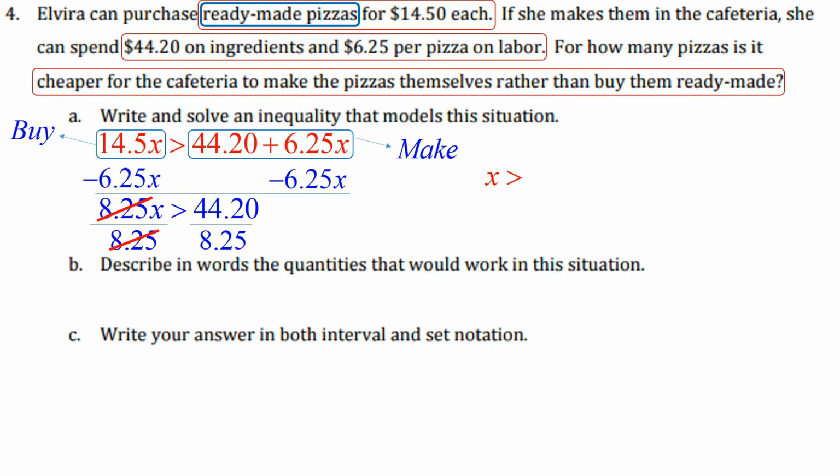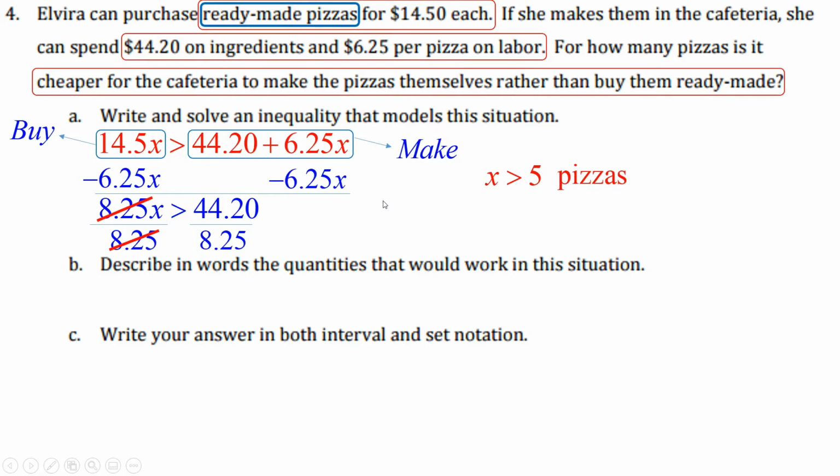And I'm getting, again, this decimal, 5.357575758. Wow. I better round that to the nearest pizza. So how about 5? x has to be greater than 5. Or excuse me, 5 pizzas. Make sure you know what x is measuring here. Number of pizzas.